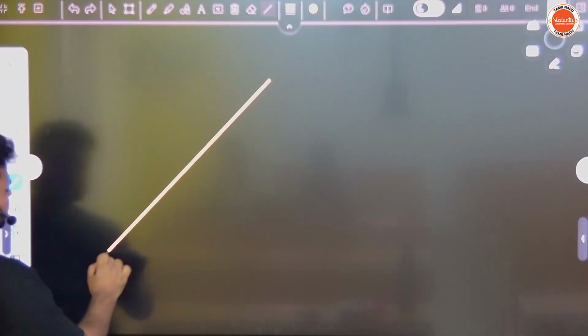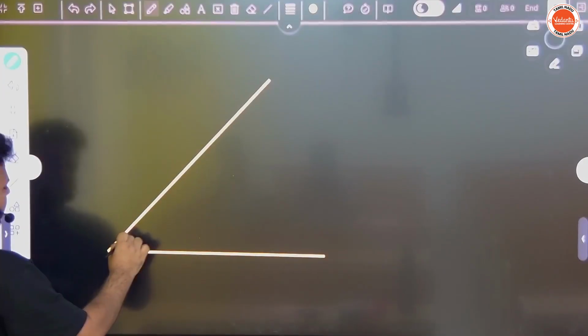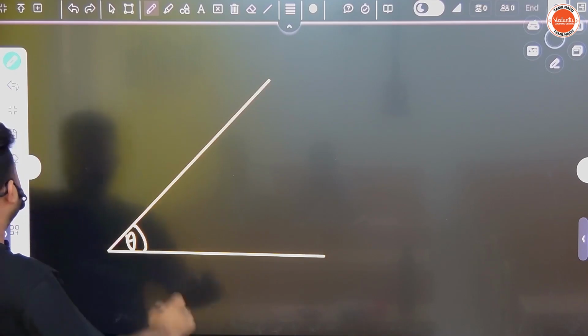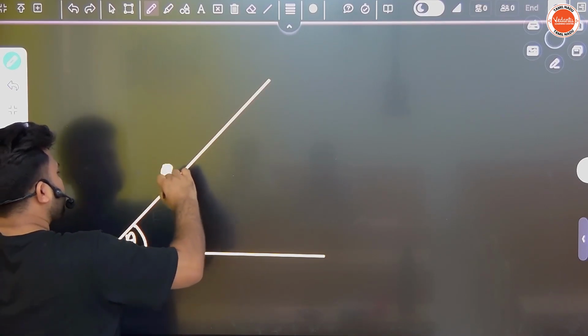Angle of repose, you must have heard. Suppose this is an inclined plane. This angle is theta. And there is one block or one ball like this.